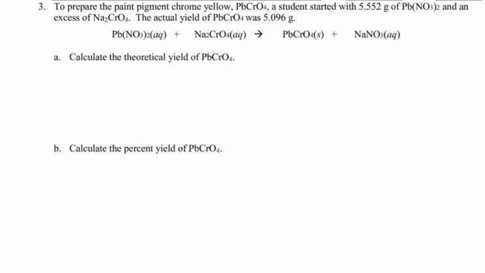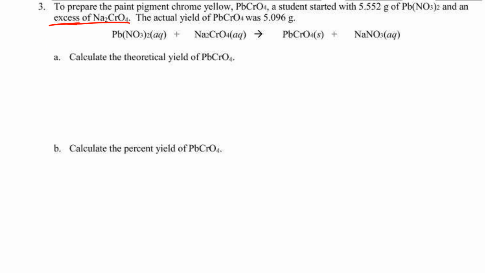All right. So the question today says to prepare the paint pigment chrome yellow, lead chromate. A student started with 5.552 grams of lead nitrate and an excess of sodium chromate. Whenever you see excess of something, that's just telling you that's the stuff that's left over. You have more than you need.